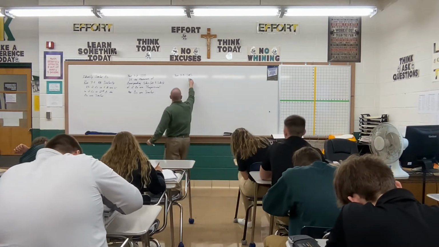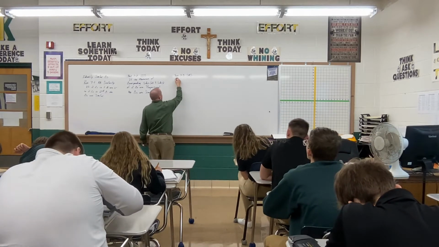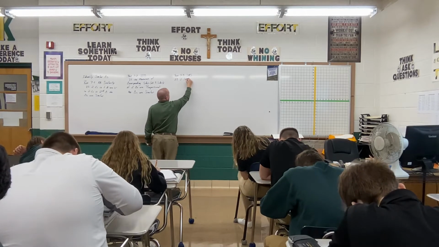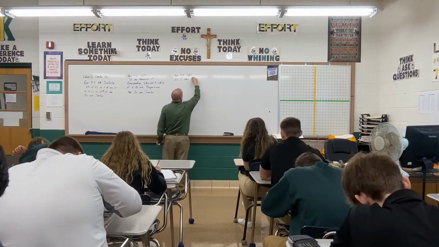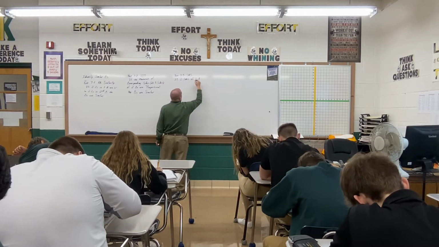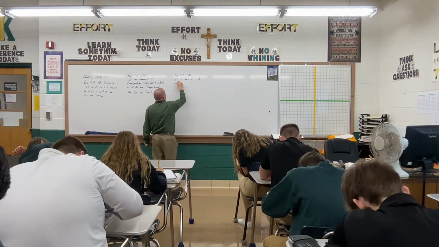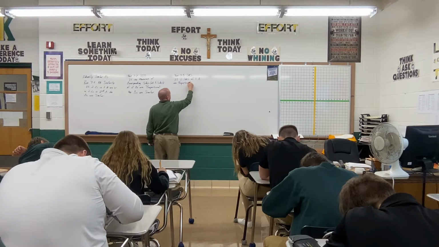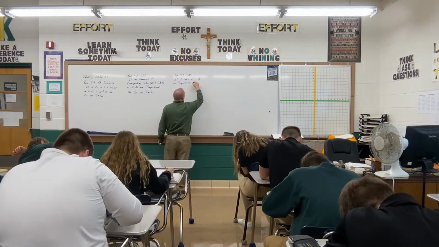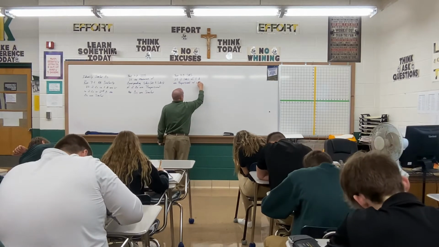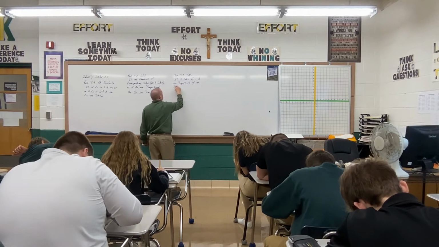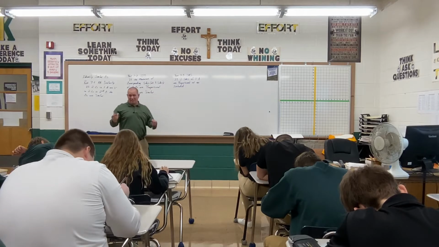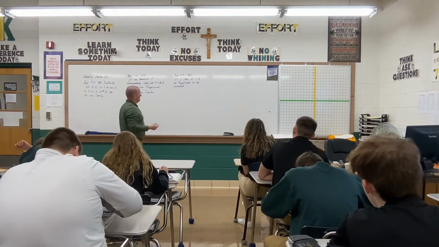Similarity. Okay, so SAS would mean if two sides of one triangle are proportional, with the included angle, which just means the angle that's in between the two sides that we're talking about, right?